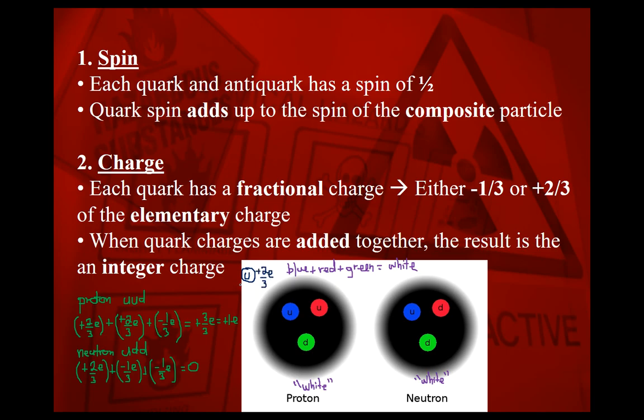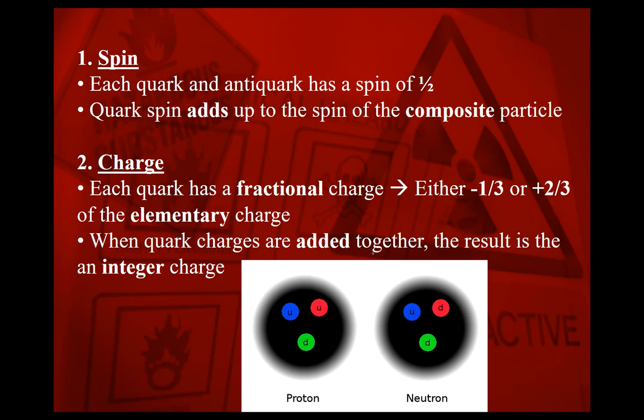Now that defies the fact that charge is quantized, because my lowest composite charge should be the elementary charge. So this color theory would tell you this is not possible, because if you have a blue quark on its own, it doesn't add up to white, and all colors of your quarks need to add up to white, even though it has nothing to do with color. Okay, you got it? Good.